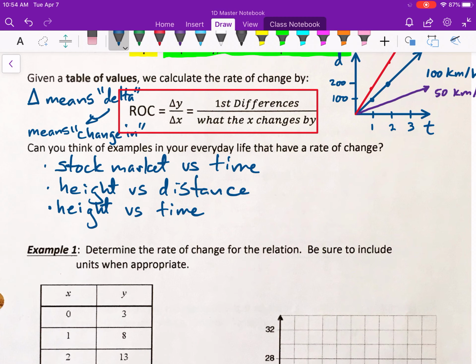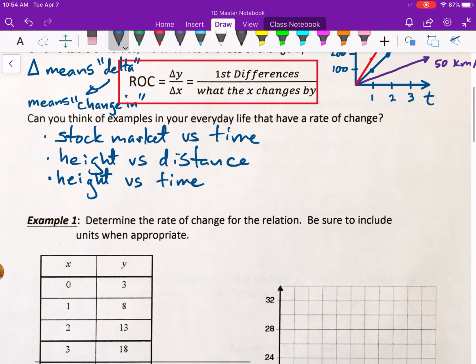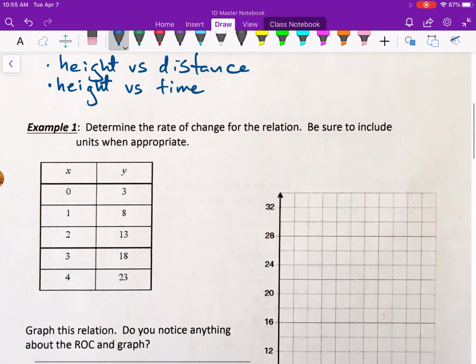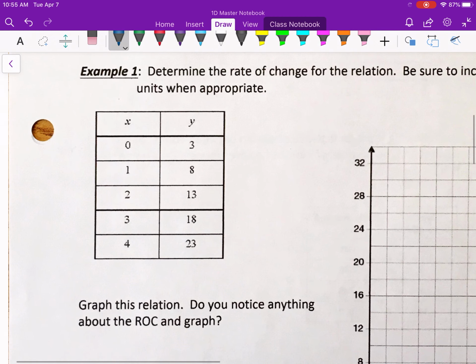All right, so let's look at a couple of examples of how we're going to do this. So the first one: determine the rate of change for the relation shown. Be sure to include units when appropriate. So remember, relations can be shown as tables, they can be shown as graphs, they can be shown as equations. So here's a table that shows a relation, and so the x's go 0, 1, 2, 3, 4.